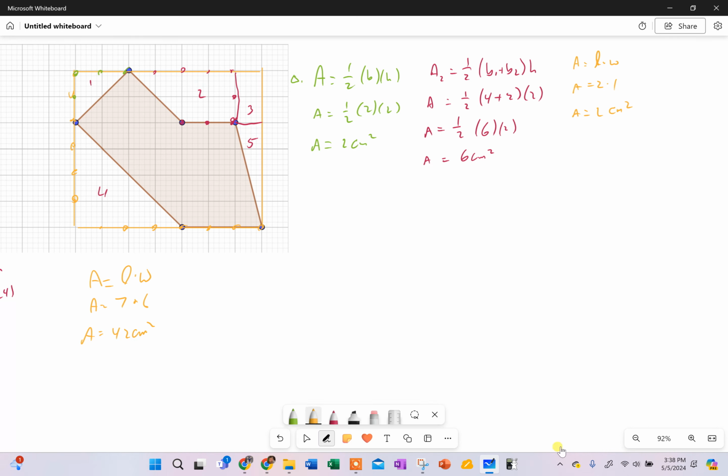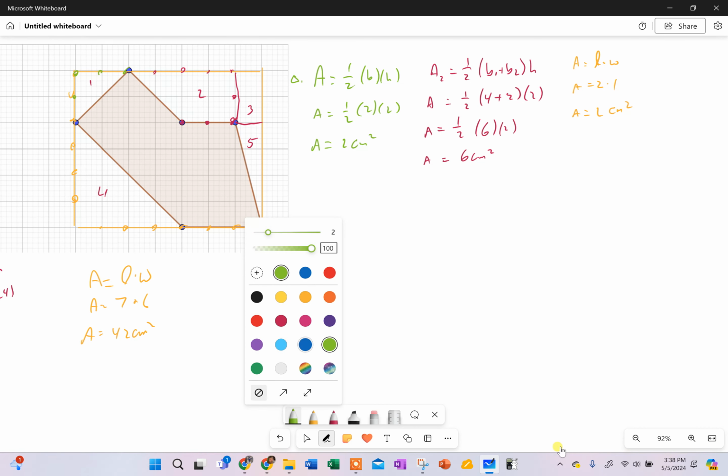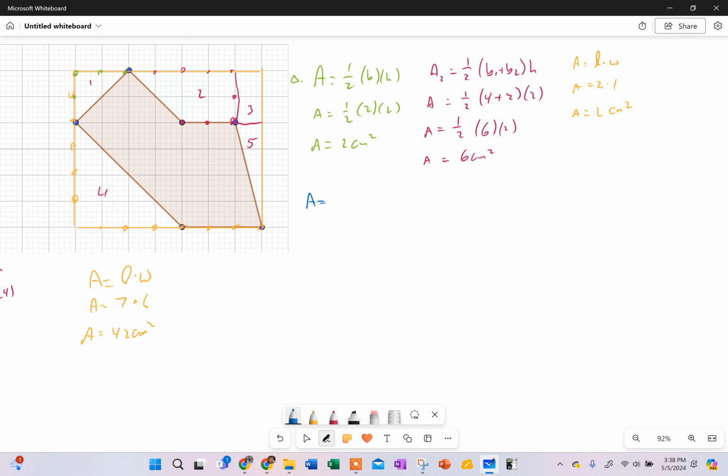Number 4 is going to be area equals 1/2. It's a triangle, so 1/2 base times height. Area equals 1/2 times 1, 2, 3, 4 times 1, 2, 3, 4, which is 16.